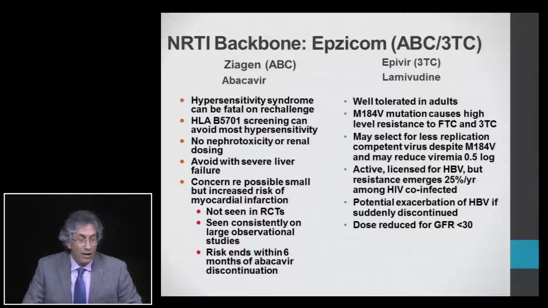Almost only people with this allele are susceptible to the hypersensitivity syndrome, and if the person tests negative, you can be nearly perfectly assured that the hypersensitivity syndrome won't happen. So our standard of care is we never give this drug without the HLA-B5701 test being done and having the result. I want to warn you that this is HLA-B5701.